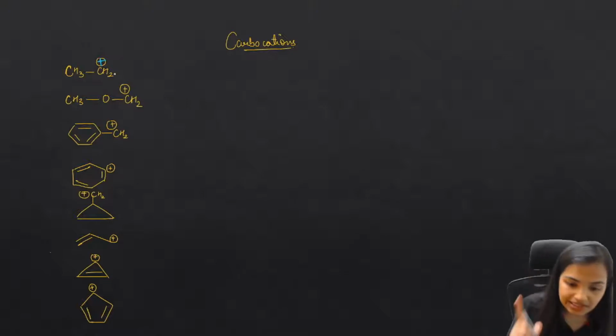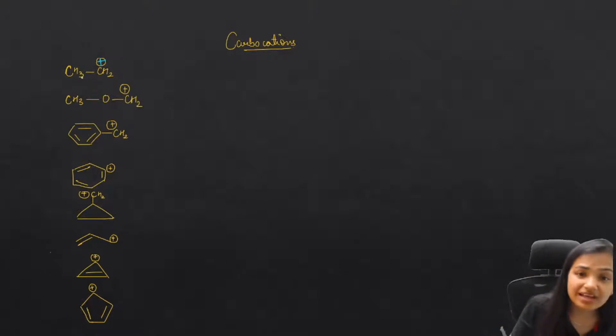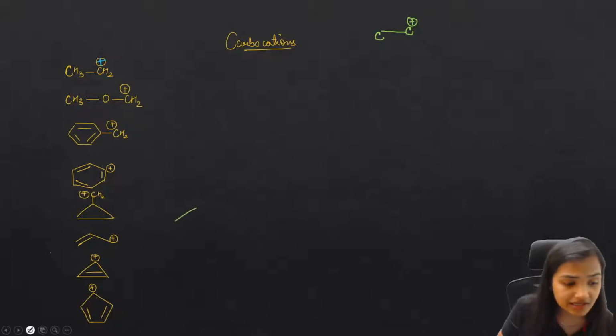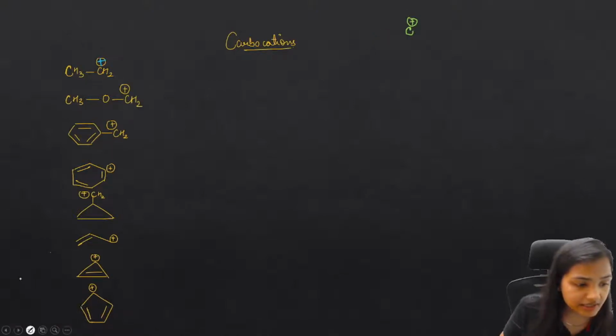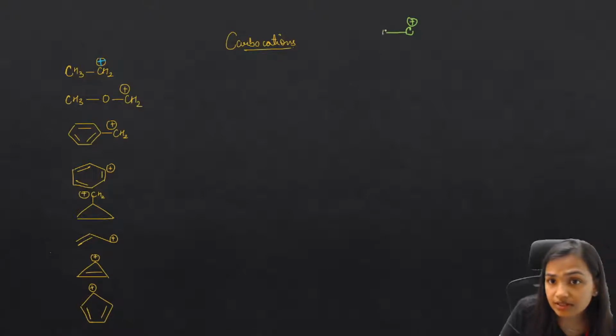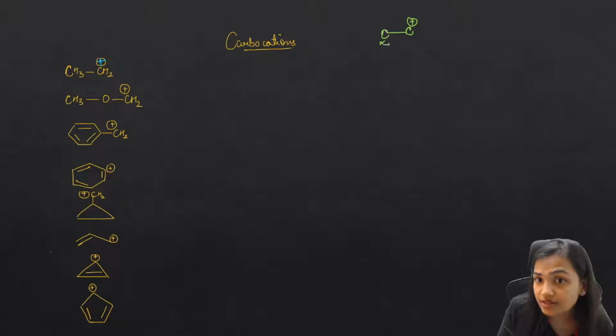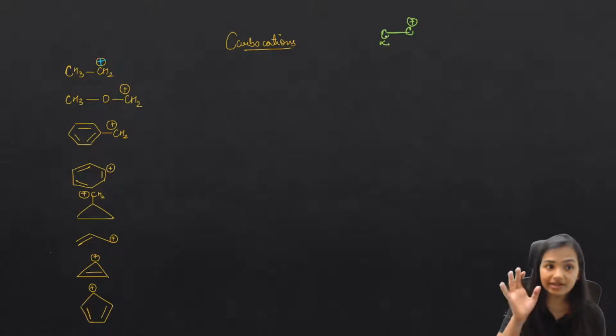To understand the type of a carbocation, we always have to look at the alpha carbon, the carbon which is directly attached to the carbocation. This is the nearest neighbor atom. So this is my alpha carbon. Look at the alpha position.